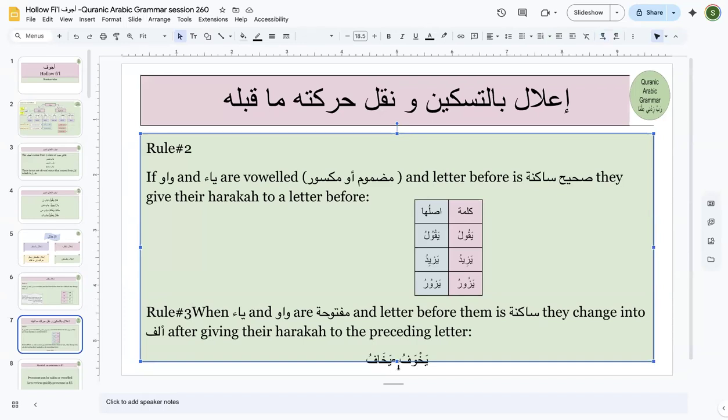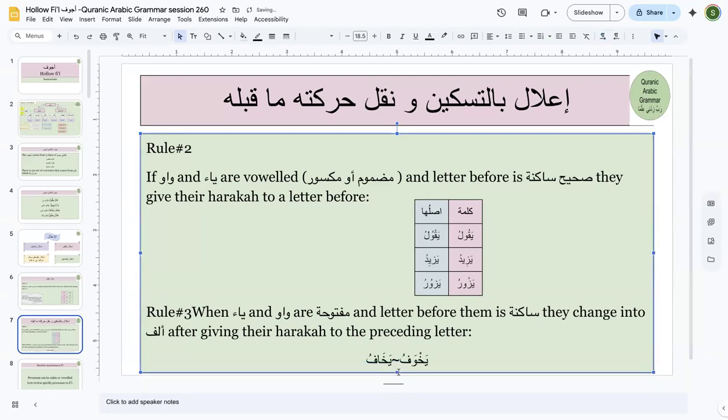There is qalb as well, right? Yes, sister Shimi, you're right, that after you have transferred the haraka to a letter before, now, since your waw and ya are present after a letter carrying a fatha, there is going to be a qalb. Okay?